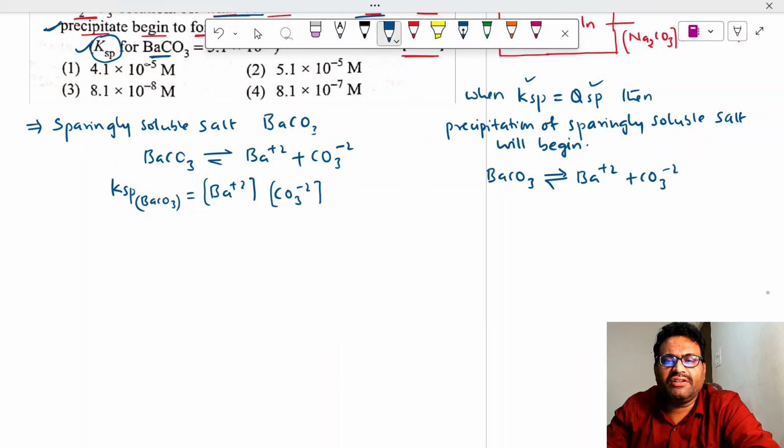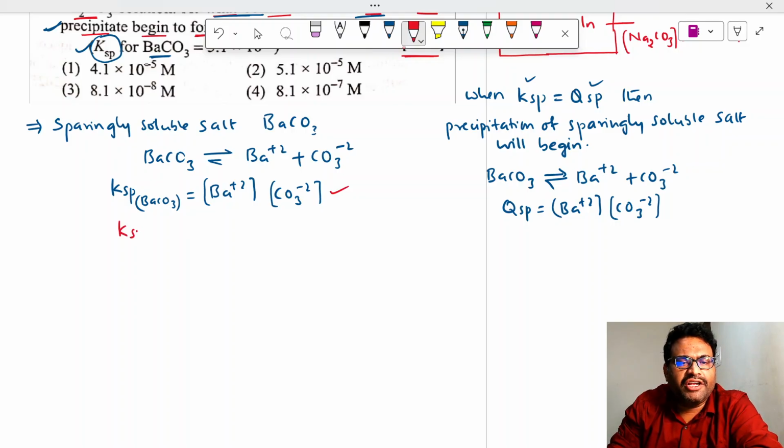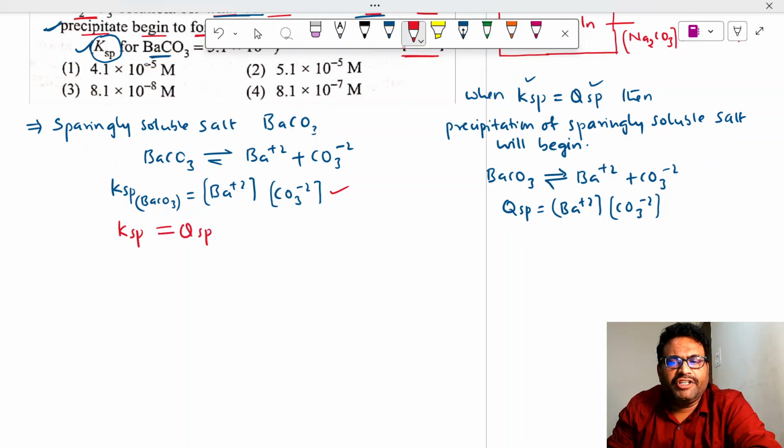QSP is the concentration of Ba plus 2 and CO3 minus 2. Now I can write KSP equal to QSP. If I know the concentration of Ba plus 2 and CO3 minus 2, then I can substitute here and equate with KSP.